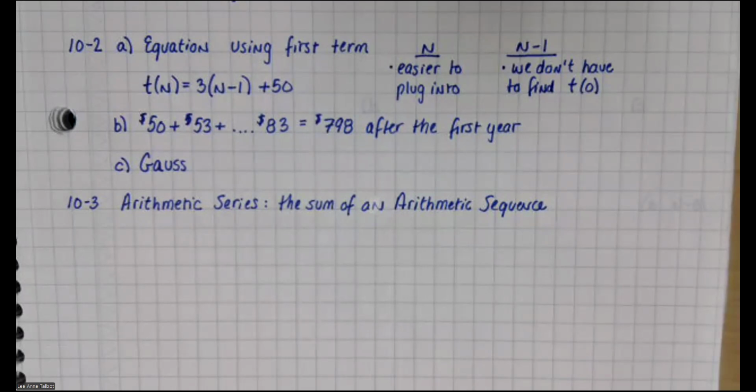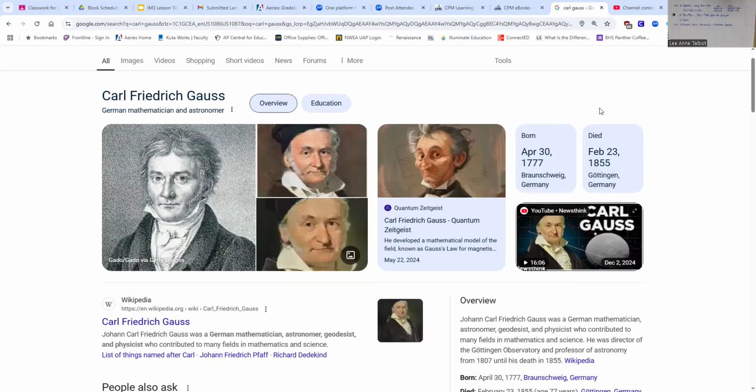So I want to talk to you about Gauss. I want to show you a picture of him. He was born in 1777. I have a photo so you can visualize the man. There he is. Okay. And he was a child genius, but he was also extremely naughty.